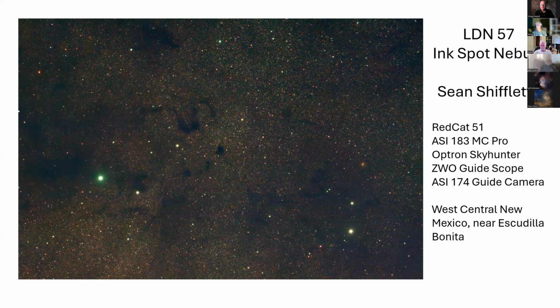And it was a guided image, and he said that he got this from a campsite someplace in New Mexico, near that site that's listed there. So that's the information that came with his image. And again, this is in Ophiuchus as well.